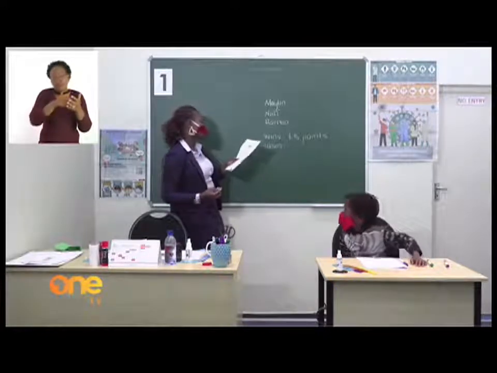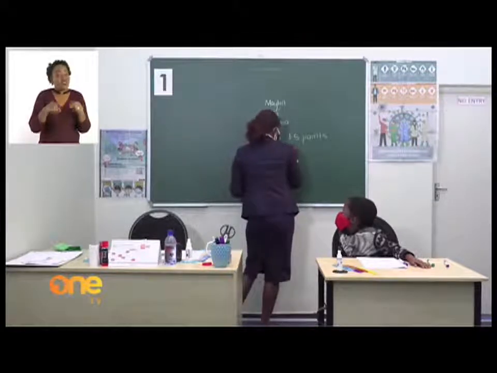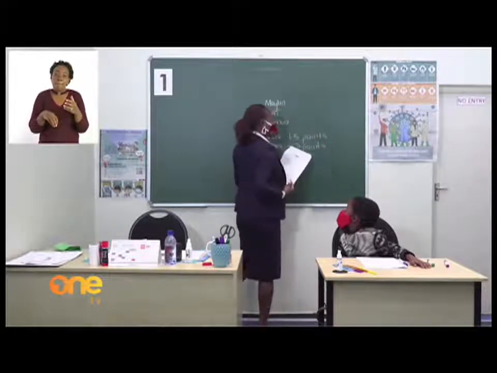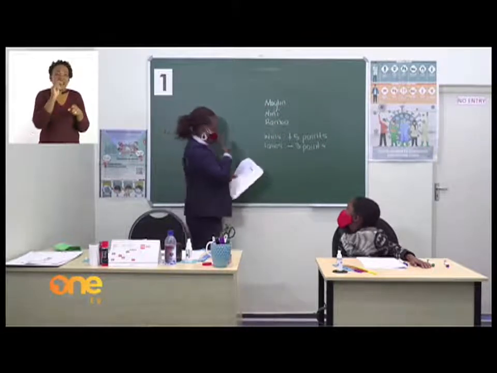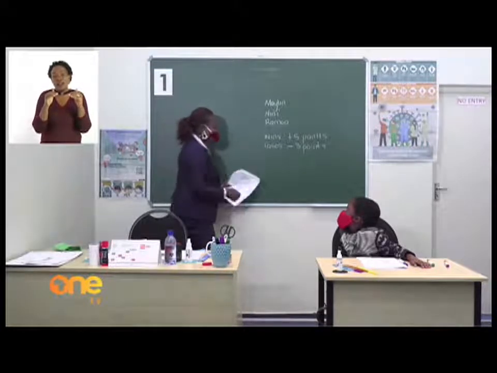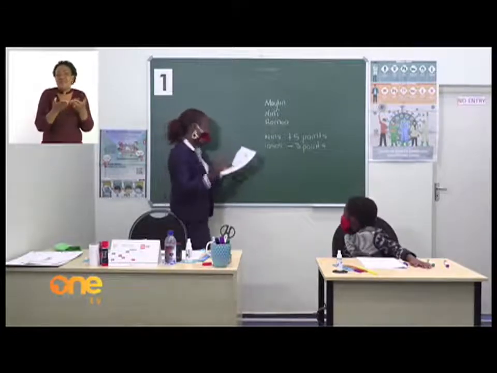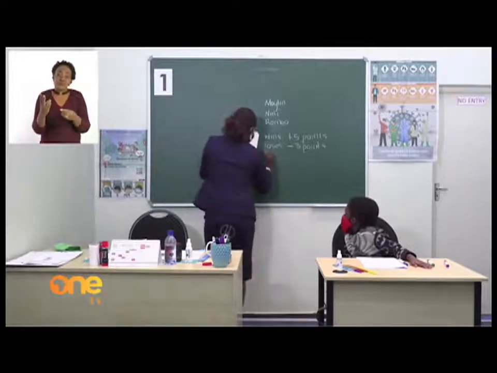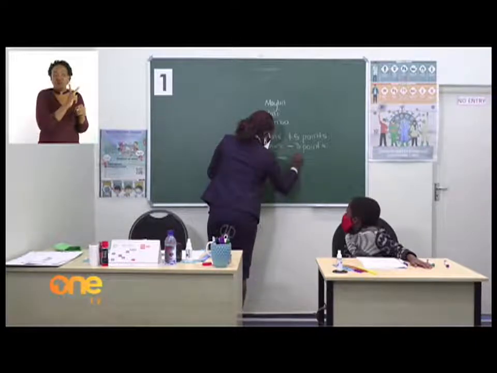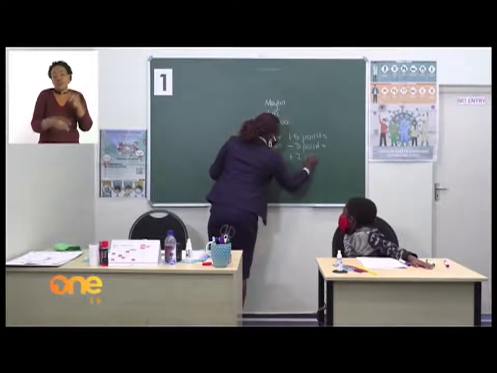The player has 3 points taken away, which means minus 3 points. If it's a tie, means they have the same score. Maybe it's 1-1 or 2-2. If it's a tie, each player gets 2 points. So it's plus 2 points.